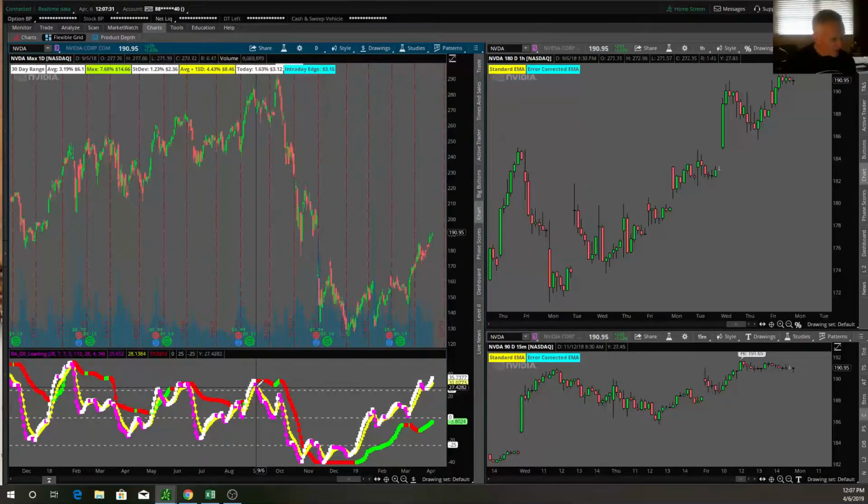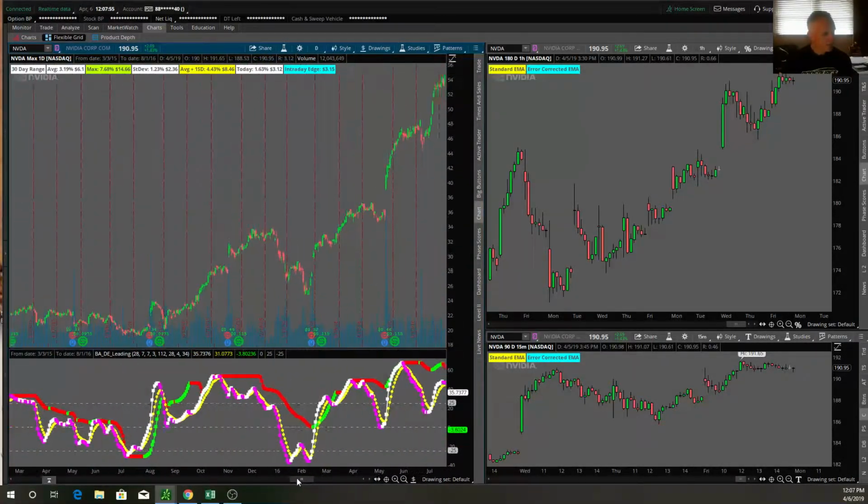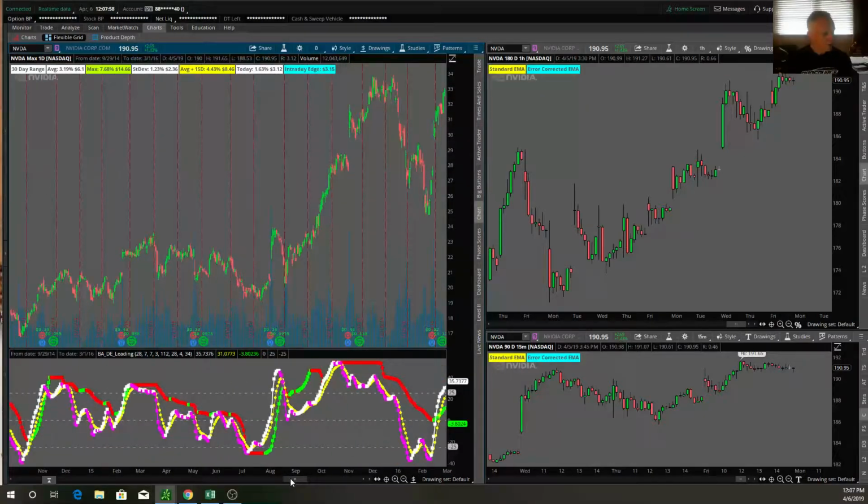All right, you see how this thing is above the 25 here, and we start to get the breaks. Back up in here, it's tagging plus 50, and you can see how this thing just continually breaks down. So once it gets up in there and starts flatlining, you're really pushing your luck.